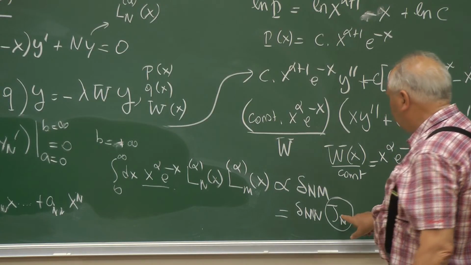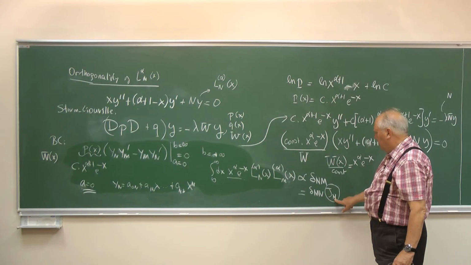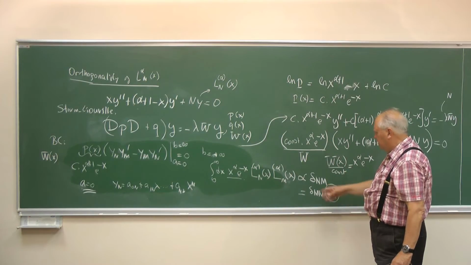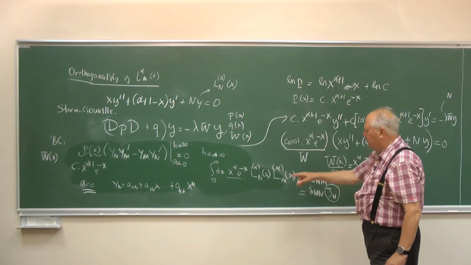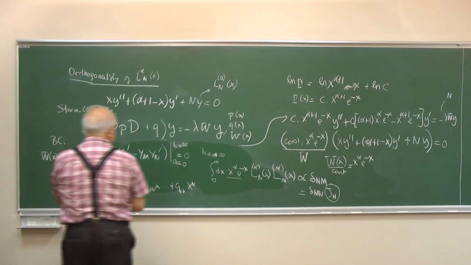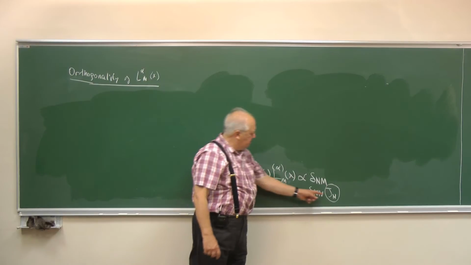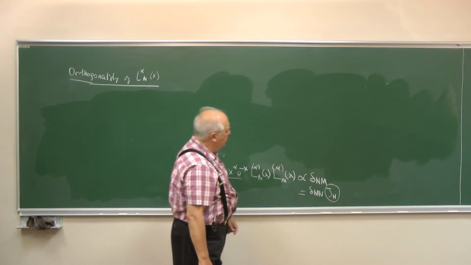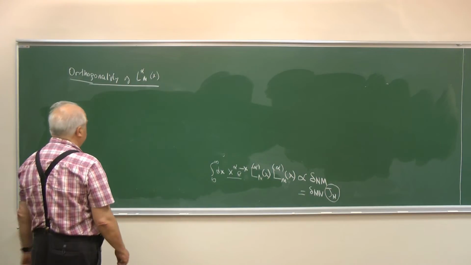So we will try to get, in some sense, the normalization integral of the associated Laguerre polynomials. Okay, I am erasing this. To find this value, we will again use the generating function.